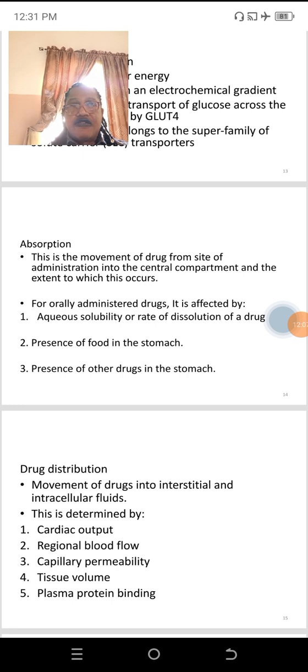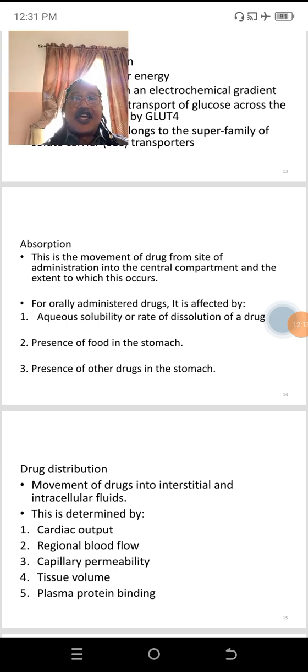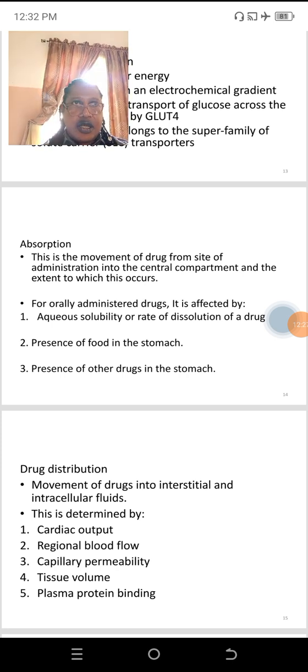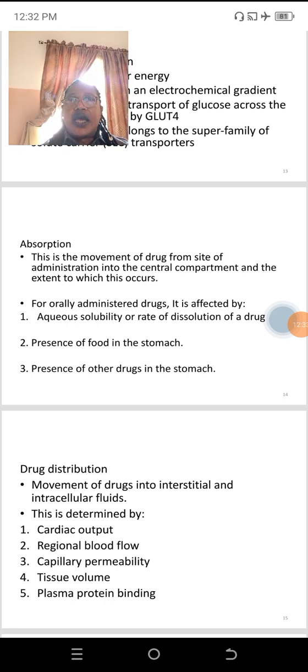The presence of other drugs in the stomach can also affect absorption, because those drugs can form complexes with the administered drug, and such complexes might be insoluble and will not be absorbed.